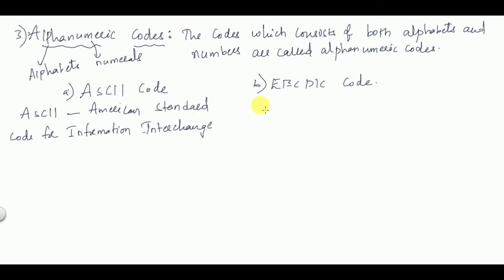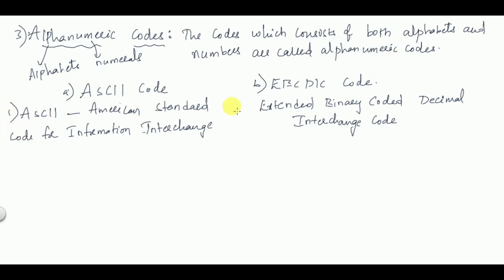Similarly, EBCDIC stands for Extended Binary Coded Decimal Interchange Code. This is the first difference.